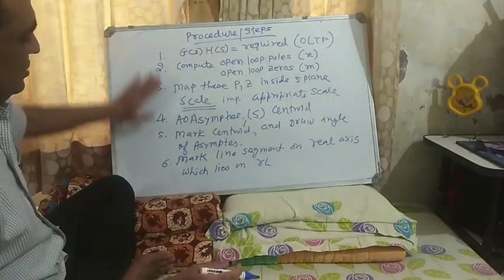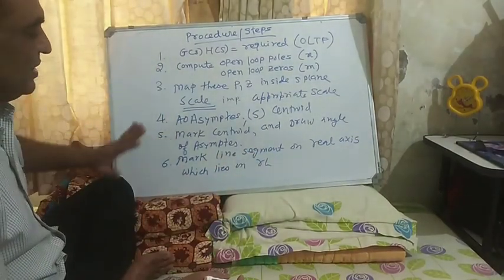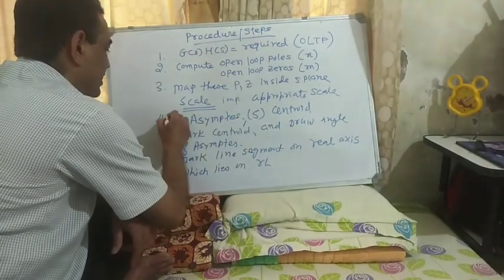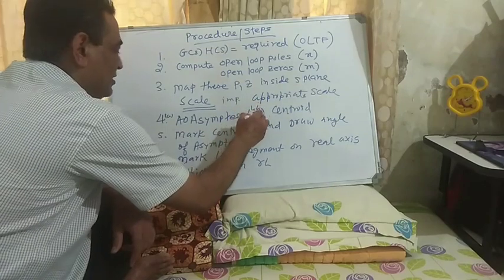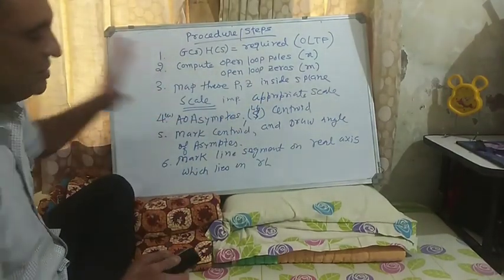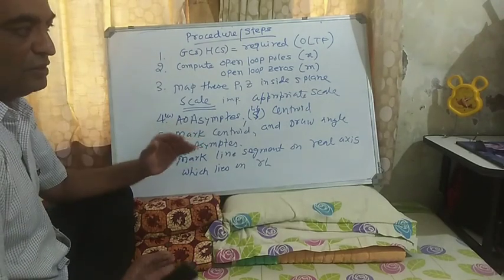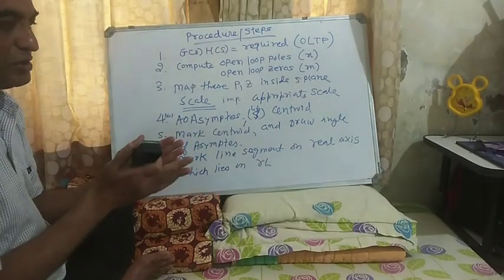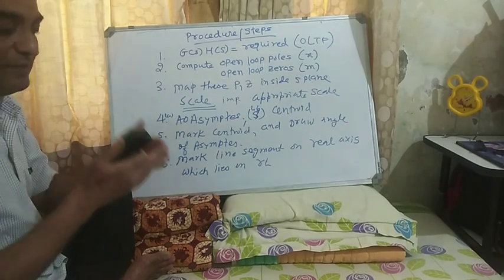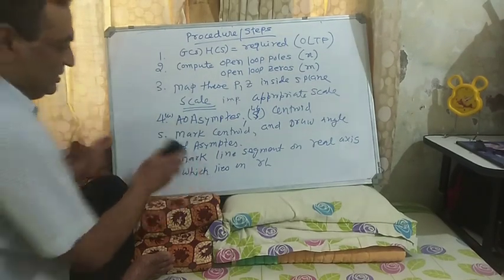So these steps 1 to 6 are very easy. Okay. Once you do this, then you should start thinking of the nature of the root locus, or you can say, is there any breakaway point or not, something like that.